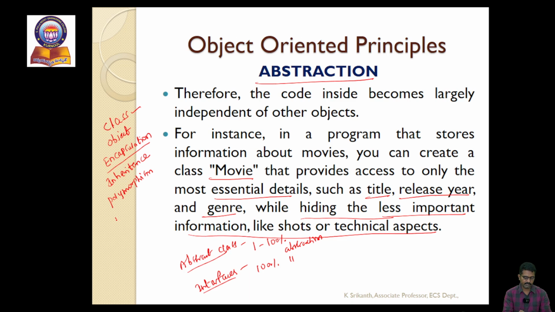And the last one is abstraction. Abstraction is nothing but hiding the complexity and giving the most essential features to the customer or the user, so that he can use the application in a user-friendly format, right? It is not necessary to give all the details to the user, which makes the application complex.